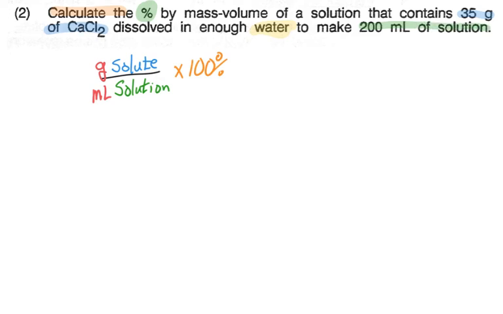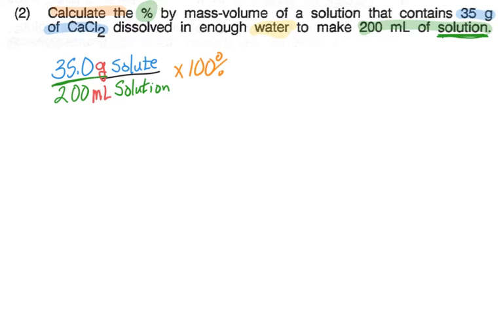Notice that this says 200 milliliters of solution. It doesn't say of water, so that means it's already added together. So we put the 35 grams of calcium chloride on top because it's the solute, and we put the 200 milliliters of solution on the bottom because it is already the solution.